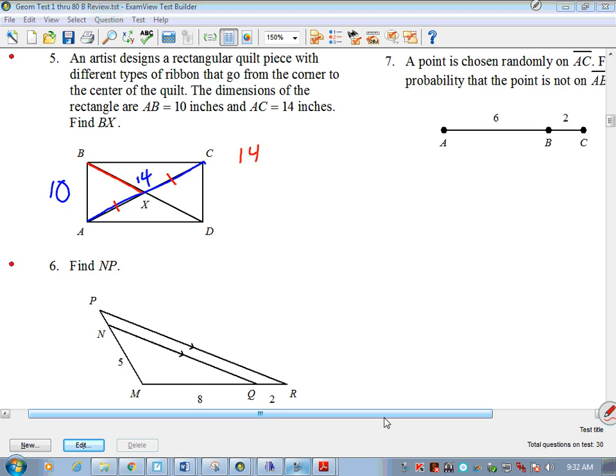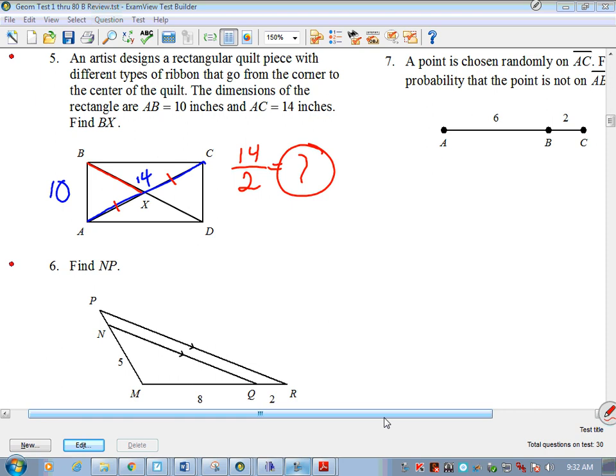So you're going to take 14 divided by 2 equals 7. What do I know about the diagonals of a rectangle? They're congruent, which means we know that BD is 14, so we know that BX is 7. So that's how I'm going to get 7 there.